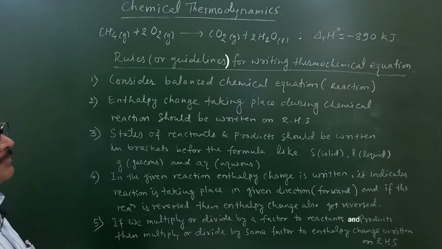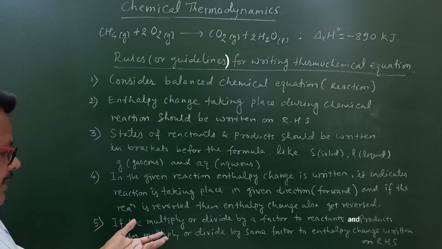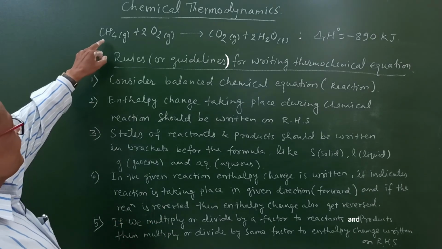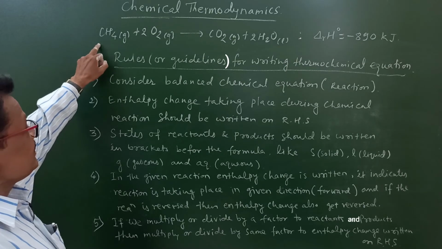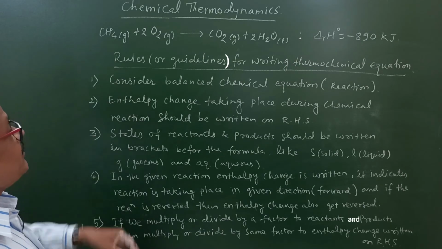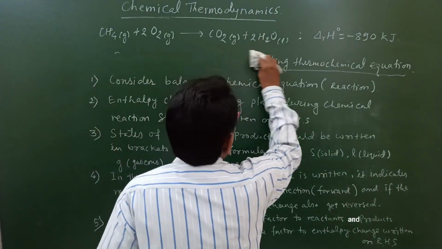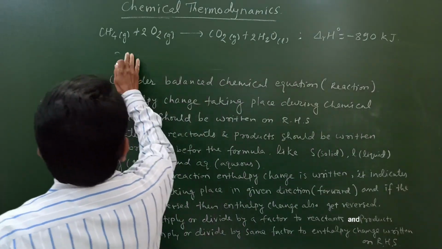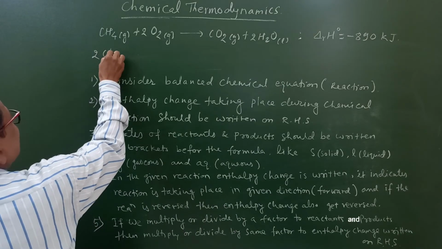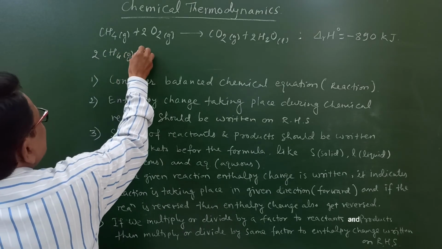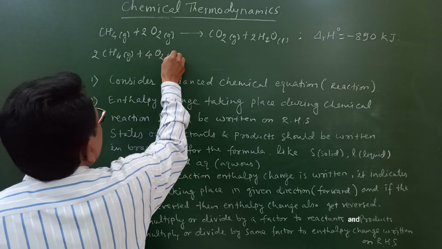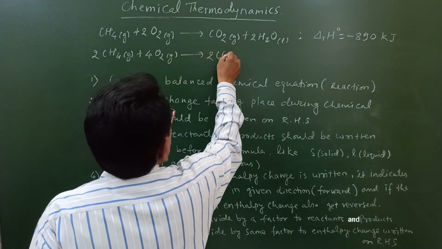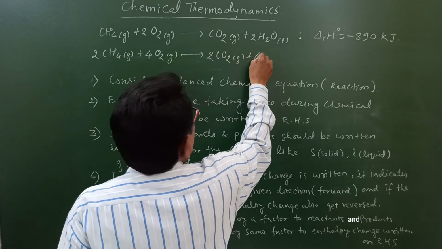What is the fifth rule? If you multiply or divide by a factor to reactants or products, then multiply or divide by the same factor to the enthalpy change written on the right hand side. Suppose I multiply this equation by 2. Then how can I write the same equation? 2CH4 gas plus 4O2 gas gives 2CO2 gas and 4H2O liquid.